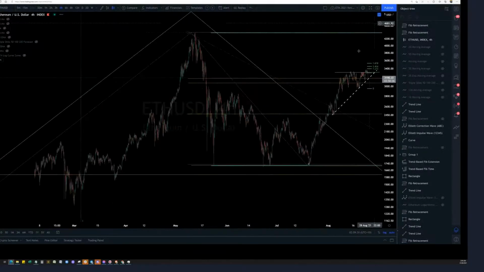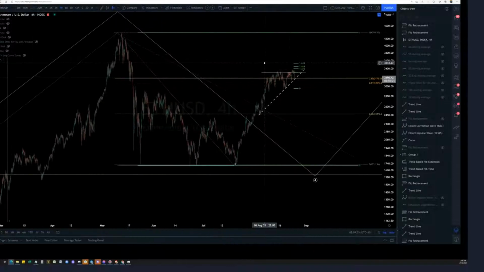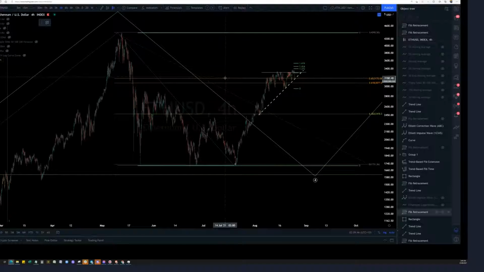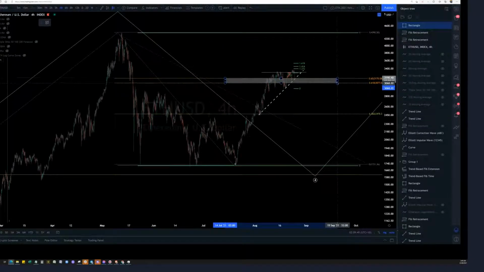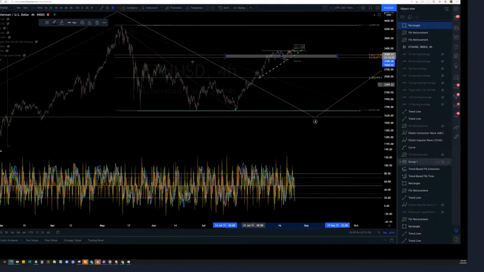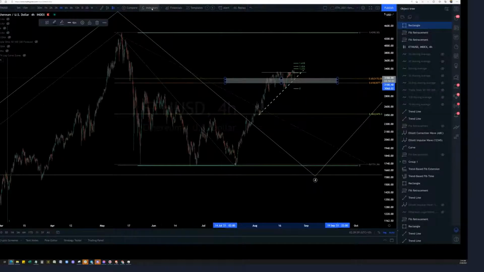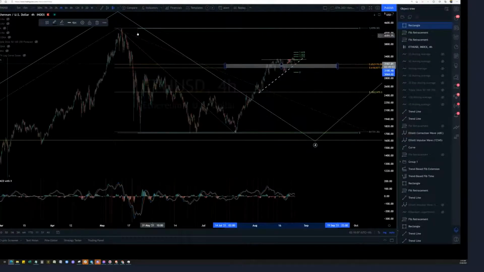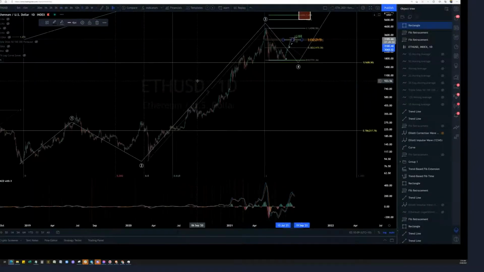So Ethereum just took a good beating there. I was hoping it was going to hold that level. This fib level is where I'm hoping Ethereum will hold, but it's showing some weakness. Let's look at MACD on the daily.